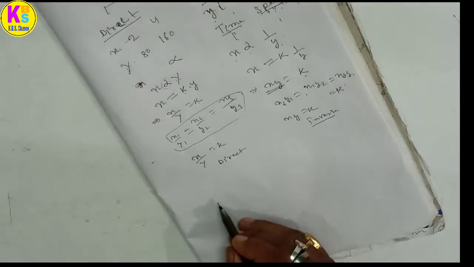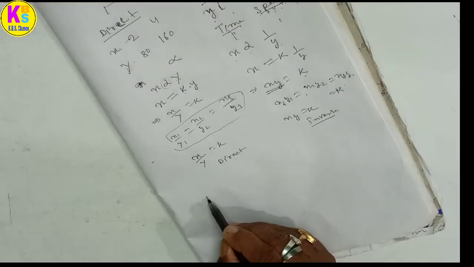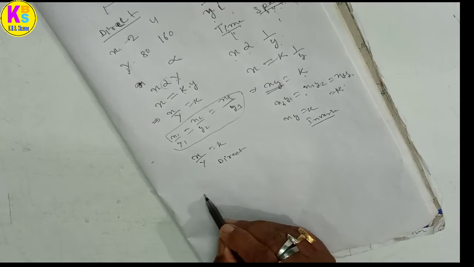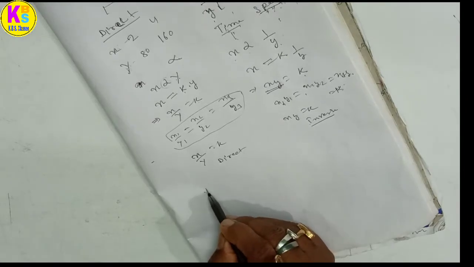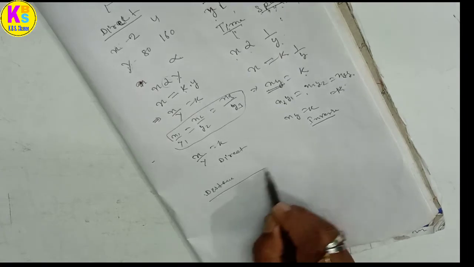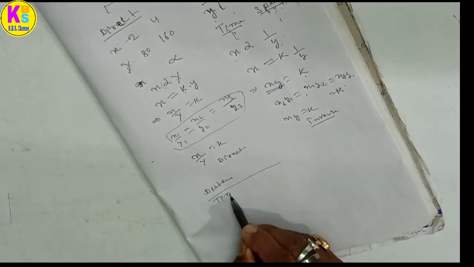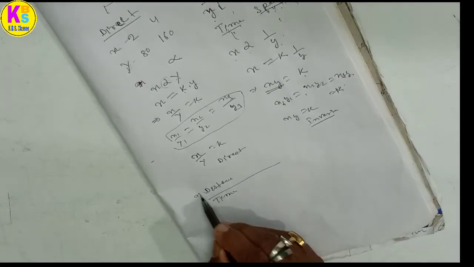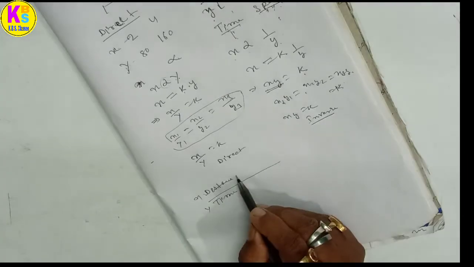How do we do the sums here? Suppose x and y, the two quantities. Here first we are taking the distance, and another is time. Suppose distance is x and time is y.